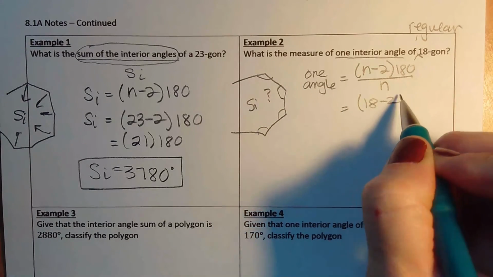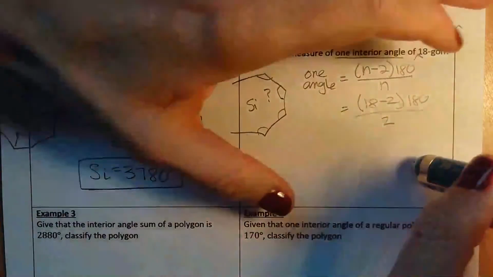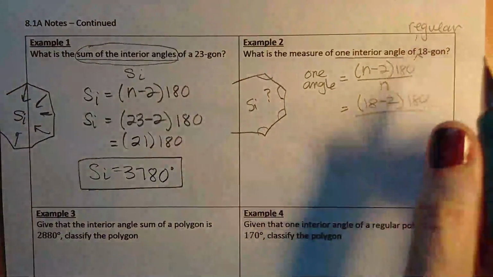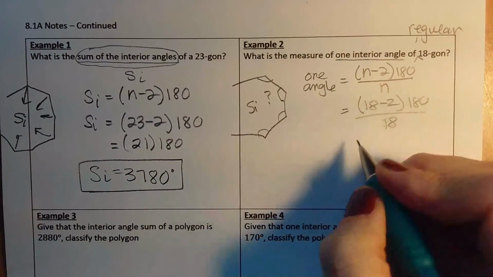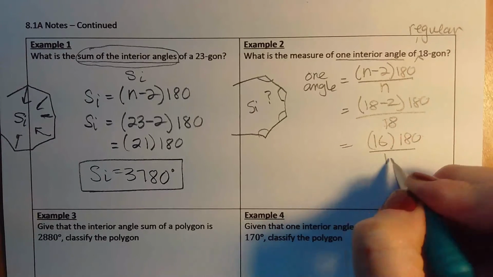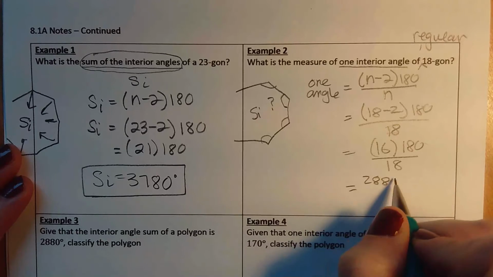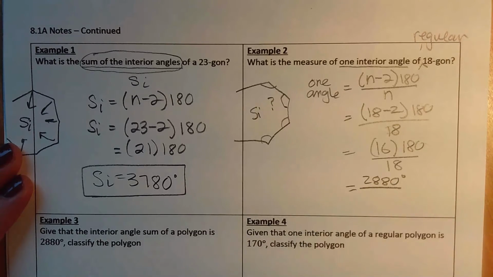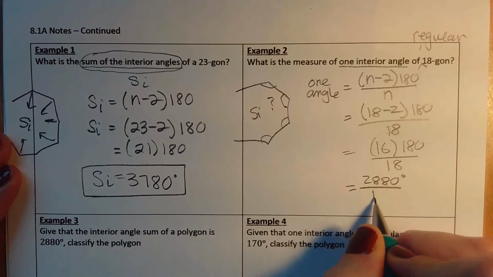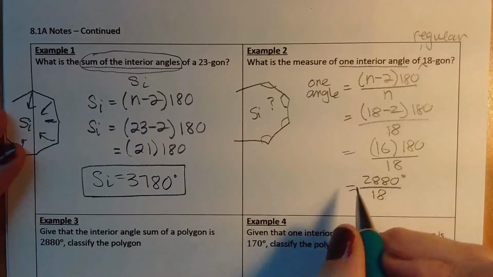So 18 minus 2 times 180 over 18. 16 times 180 over 18. All right, 16 times 180 is 2880 degrees. That's the big SI number, and we're going to divide that by 18. And we get 160 degrees.